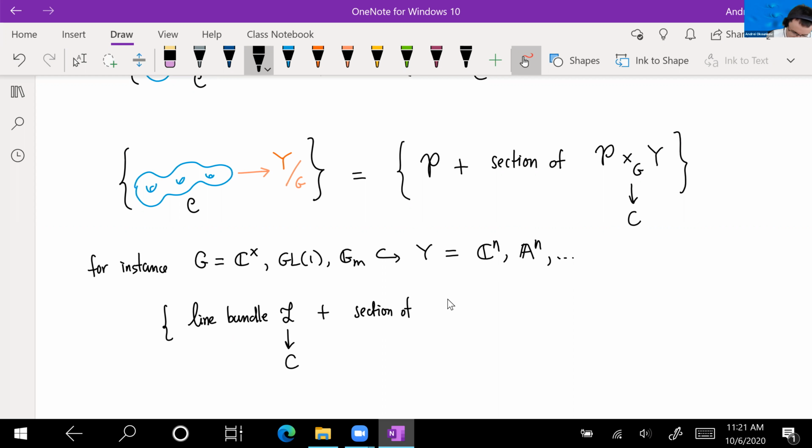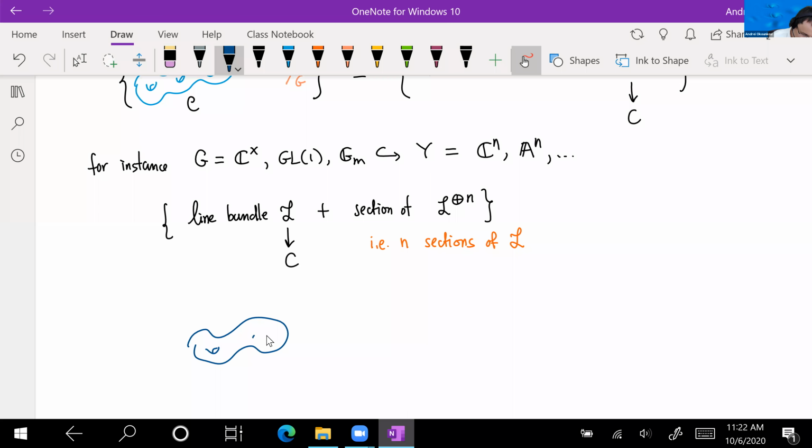So if I have a map from a curve C, well, it doesn't have to be a curve, I want to map to projective space of dimension n minus 1. Then this map f is given by a line bundle, which is the pullback of O(1).